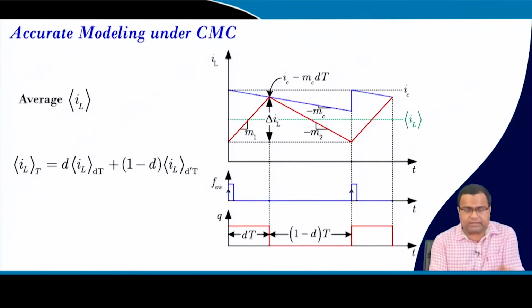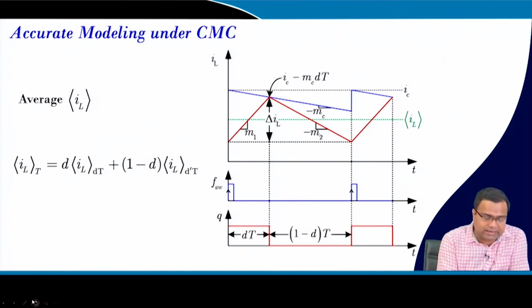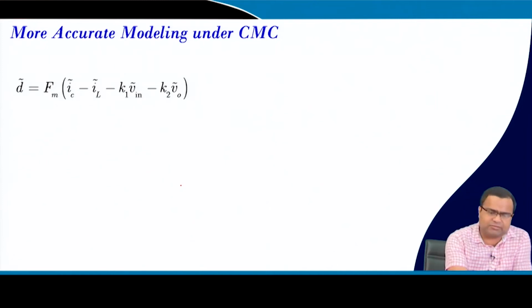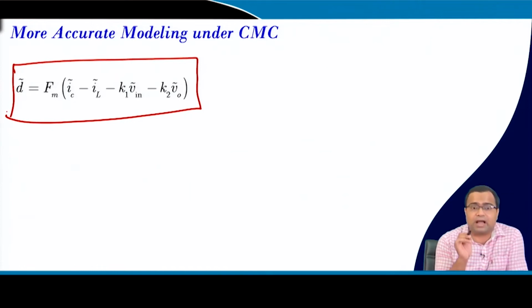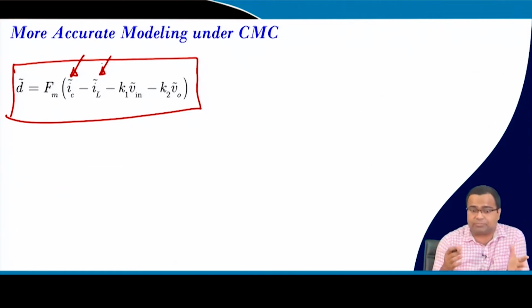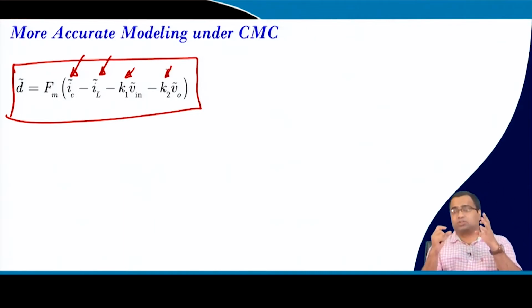We used this method in the previous lecture, and by this averaging technique we also discussed how to derive the small signal model, and in particular how to derive the duty ratio perturbation in terms of the control voltage, the control current, and the average inductor current perturbation. Then these two are the gains which come due to the perturbation of the slope.